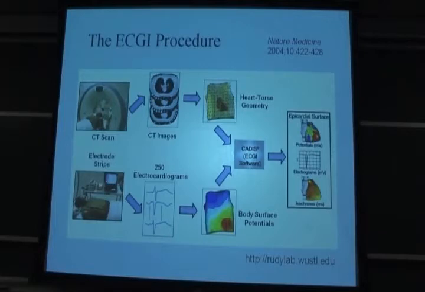Developing the mathematics, developing the algorithms, and testing them over and over and over again to make sure that when we marry the two mathematically, we reconstruct the potentials all around the heart, something like 600 electrograms all around the heart. In other words, we reconstruct a very good approximation of what you would have measured if you opened the chest and put a sock with 600 or 800 electrodes on it, but without the need to open the chest.